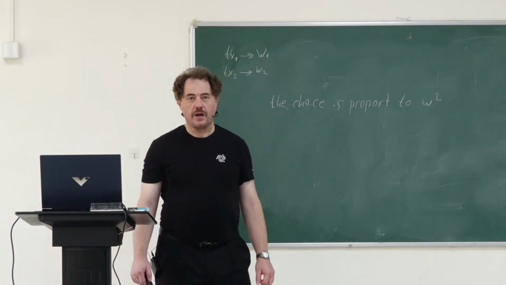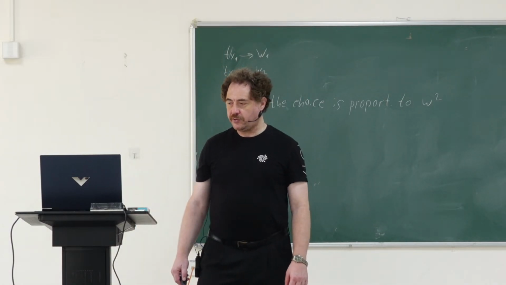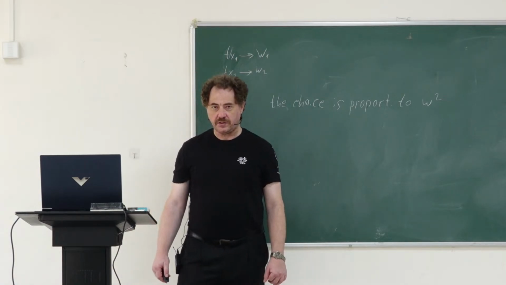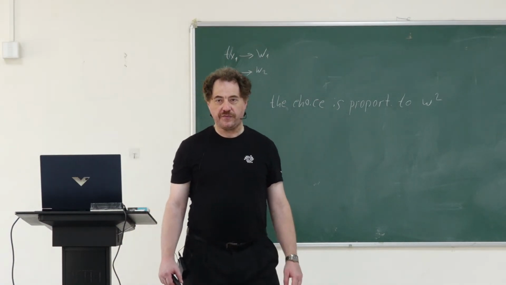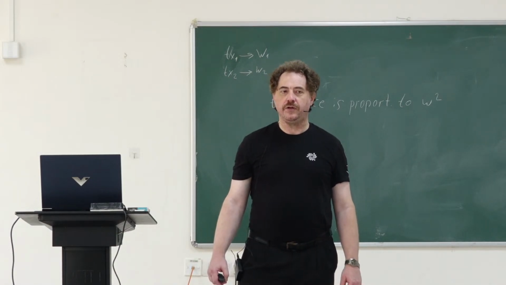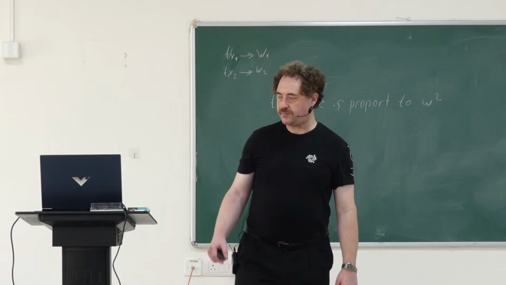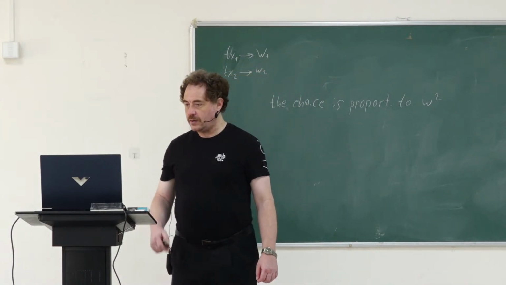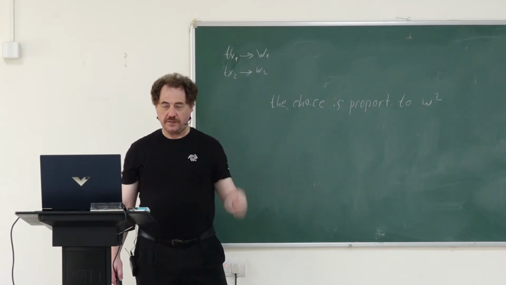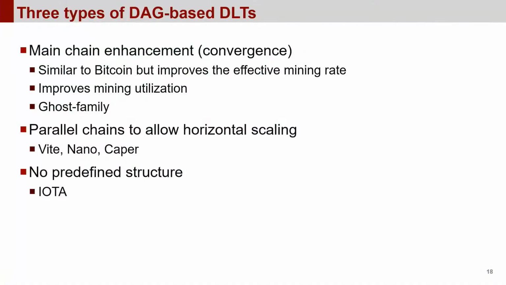Okay, we'll start with the second lecture, which is essentially a continuation on the DAG-based DLTs. Last lecture we covered IOTA. Now we proceed to give an overview of other DAG-based systems. So there are three types of DAG-based DLTs. The first type is main chain enhancement.